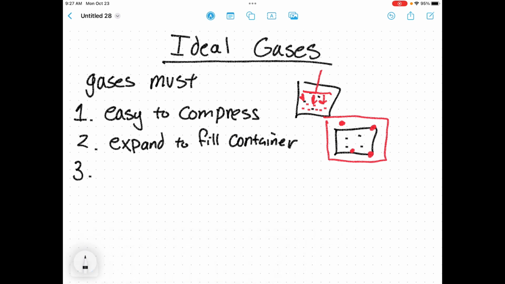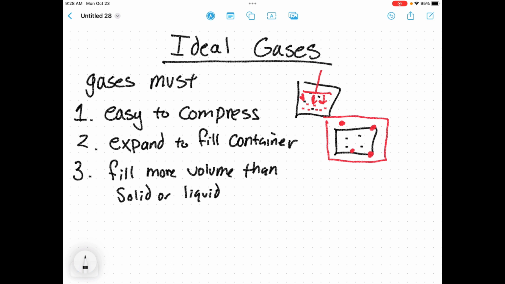Third property that must be present in order for you to consider something a gas is it needs to occupy or fill more volume than a solid or liquid. At the end of the day, we're just comparing solid, liquid, gas and seeing which takes up more volume.